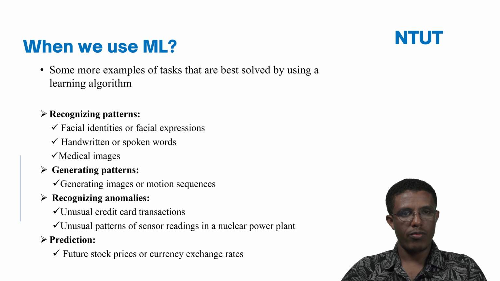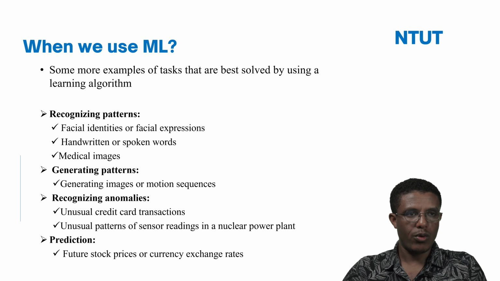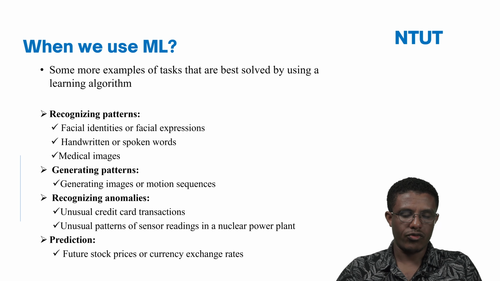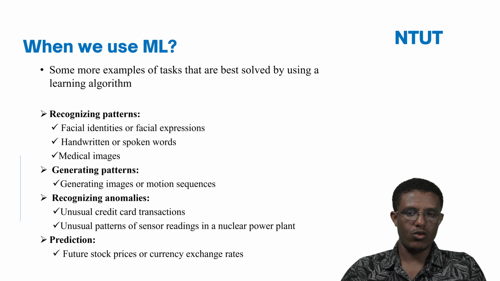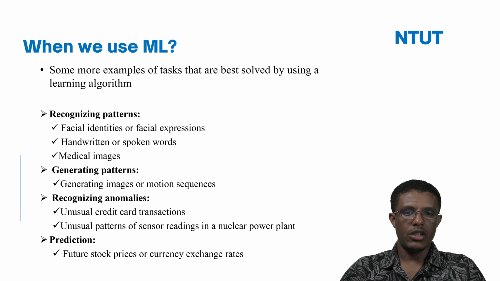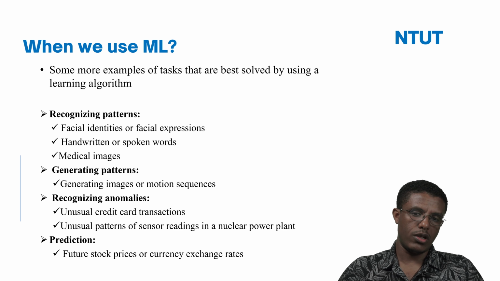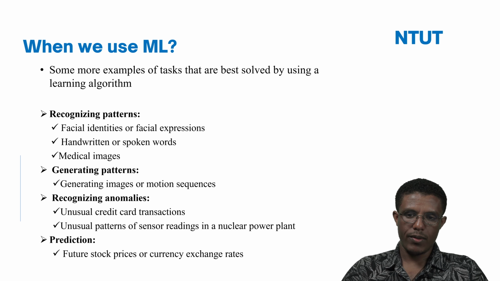Maybe there is a normal one, and also maybe there is actually a problem with some card transactions. To identify which one is an anomaly and which one is normal, because of the huge data, we can use the model by giving it that data to easily identify the anomalies.